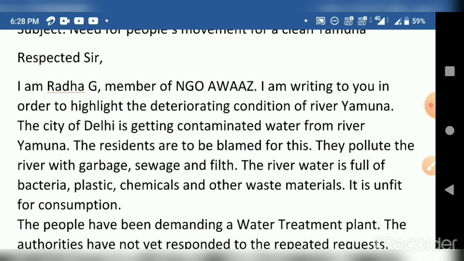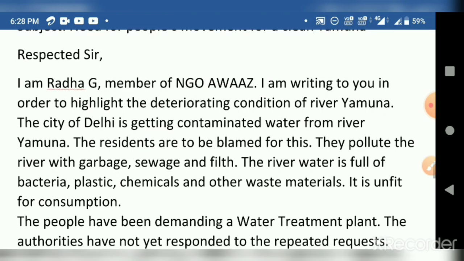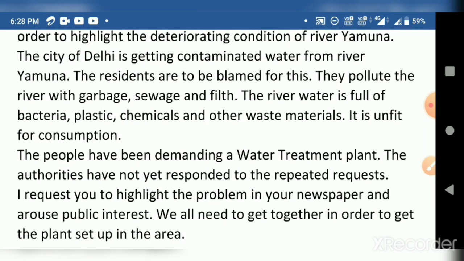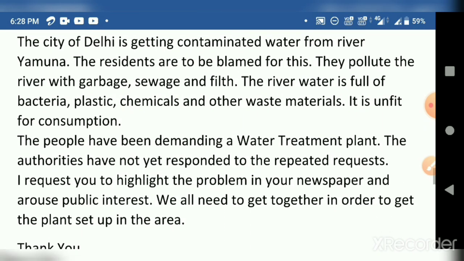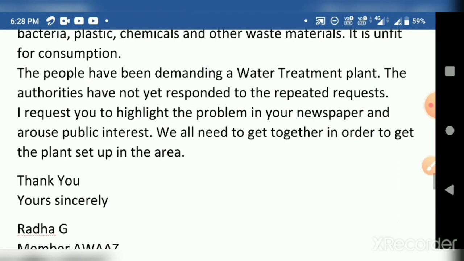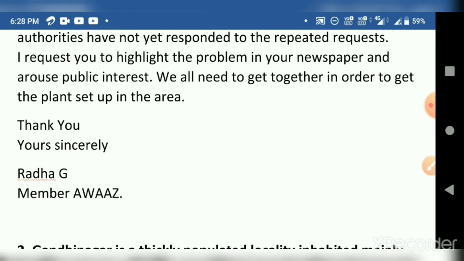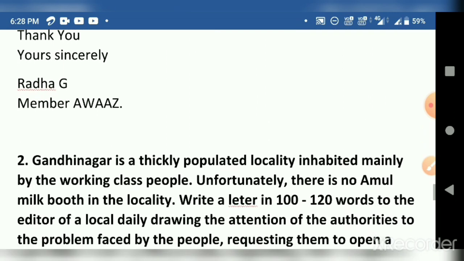With a brief introduction, and the main matter, that Delhi city is getting contaminated water from river Yamuna. So this is the issue. Then some solution and some request. Then she is thanking with subscription, and we have another example.